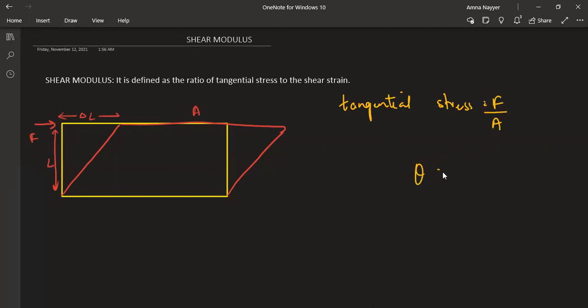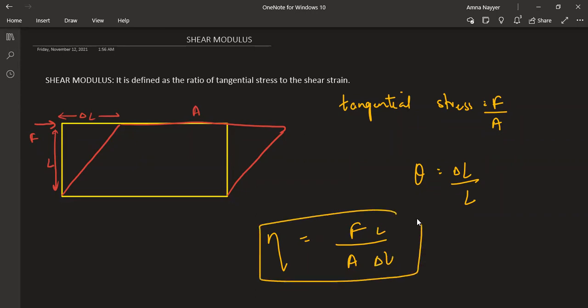And remember, shear strain, which we saw, is equal to delta L by L. So the formula of shear modulus, which is represented by the symbol eta, is exactly the same as Young's modulus: F by A over delta L by L. Same thing with SI unit as Pascals.